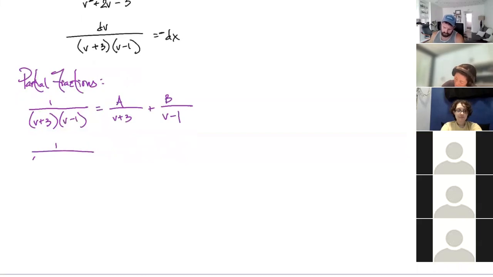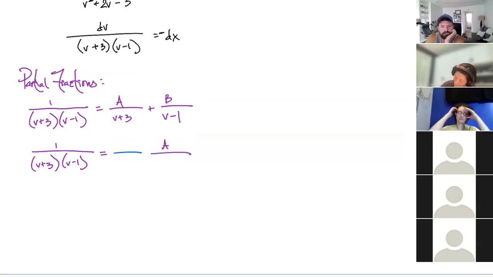So this left-hand side will stay the same. And let's go back to some middle school or high school math. What do I need to multiply the first fraction by to get a common denominator with the left-hand side? V minus 1. V minus 1, good.